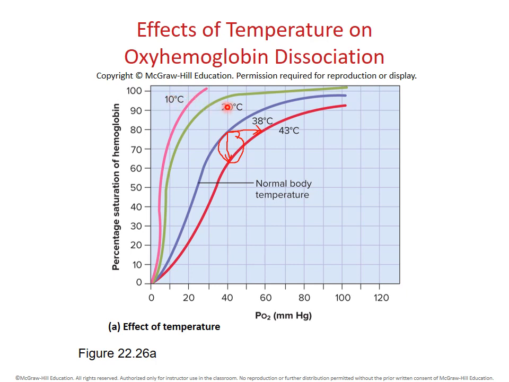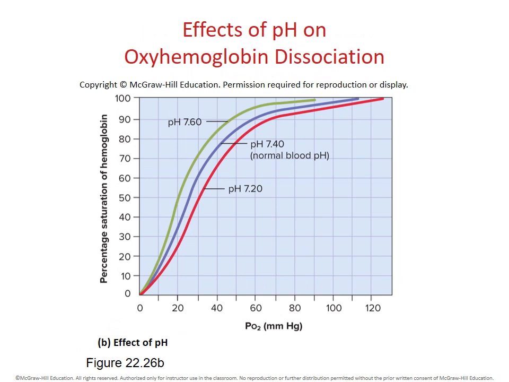But of course we can tolerate that because at these cold temperatures, again, the need for oxygen is much reduced. So that's the effect of temperature on hemoglobin and how we would demonstrate it through the oxyhemoglobin dissociation curve.